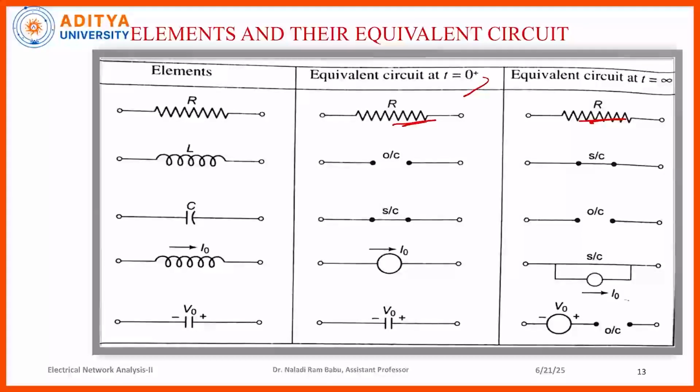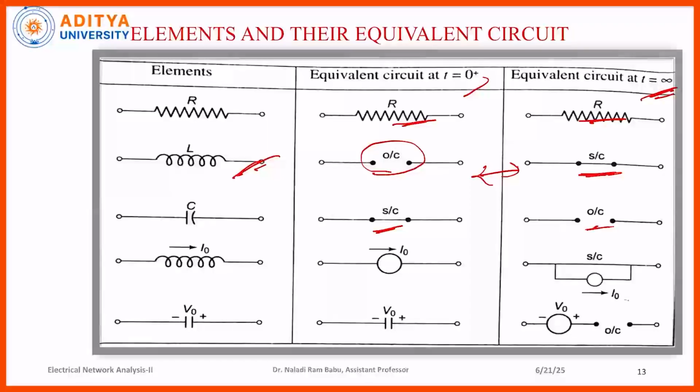For the inductor at time t equal to 0 plus, the inductor will behave like an open circuit, and the capacitor will behave like a short circuit. Whereas when time t equal to infinity, the opposite case exists. During this period, the inductor will be a short circuit and the capacitance will be an open circuit. The reason is that the time period is t equal to infinity.